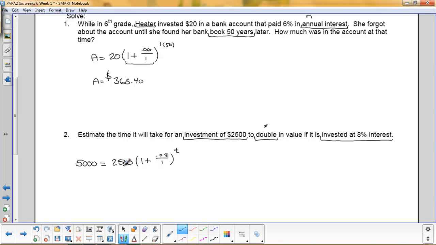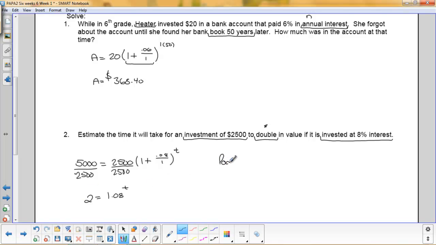So now I'm going to figure this out by simplifying this part down. You don't have to, but it's kind of a neat little quirk of these problems, which you may find useful later on. That's going to be 2 equals 1.08 to the t power. Remember our switch, so we're going to make that little switcheroo there too.